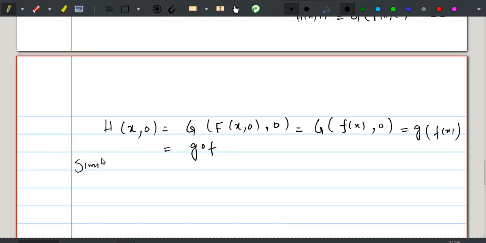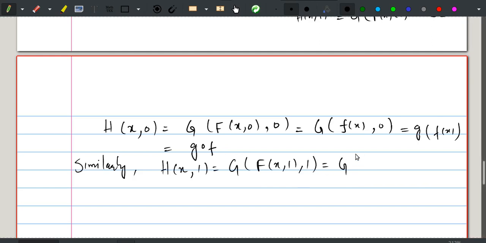Similarly, h restricted to 1 is same as G of F of (x,1) and 1. Now when we restrict F to 1, we get f prime, and finally when we restrict G to 1, we get g prime. So this is g prime of f prime of x.